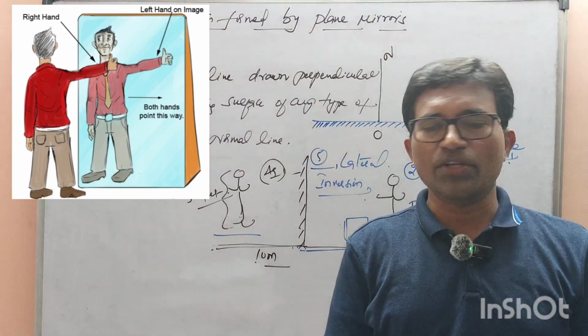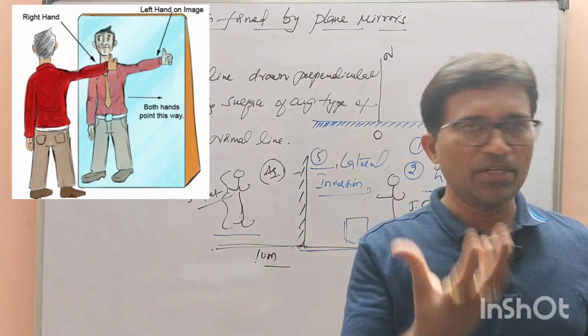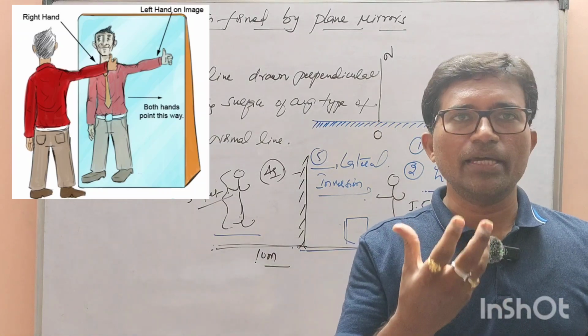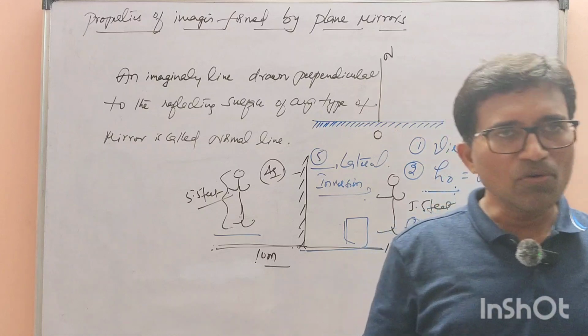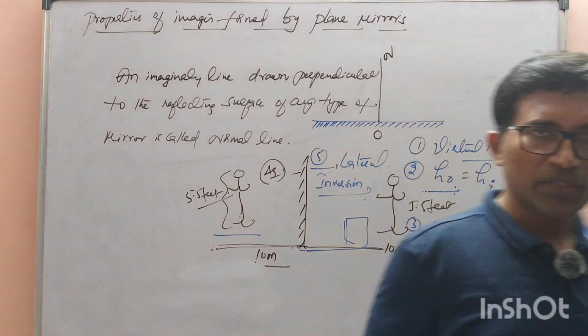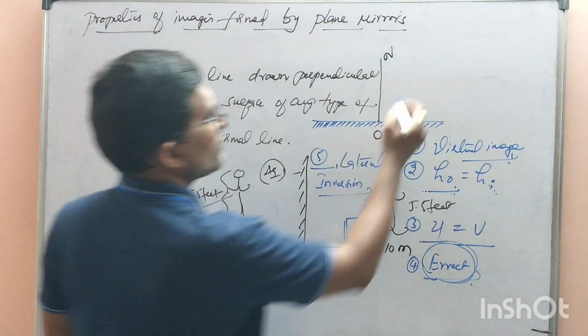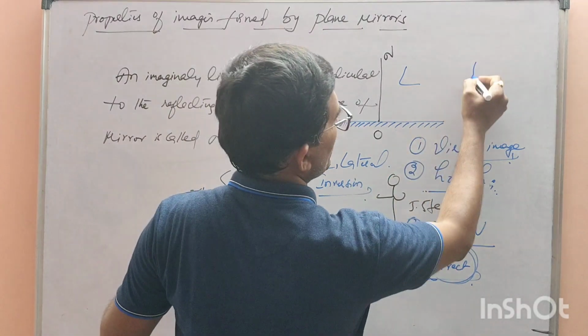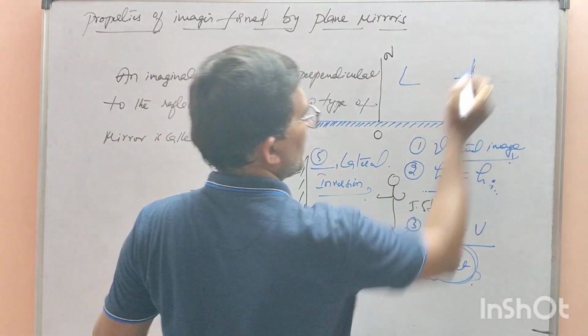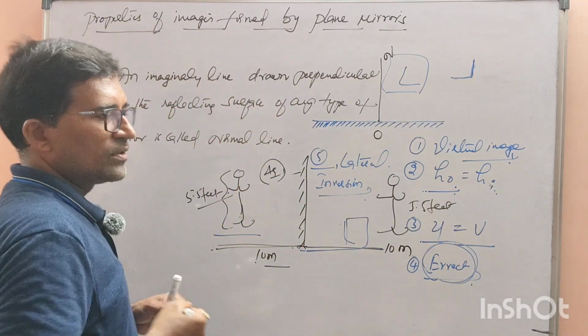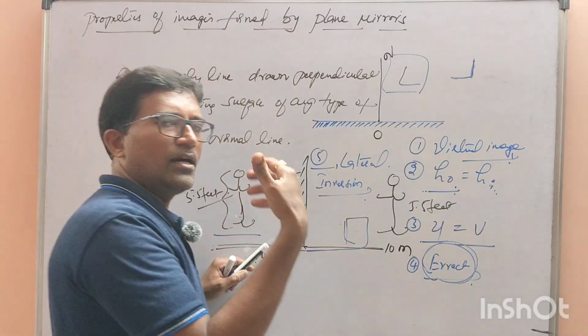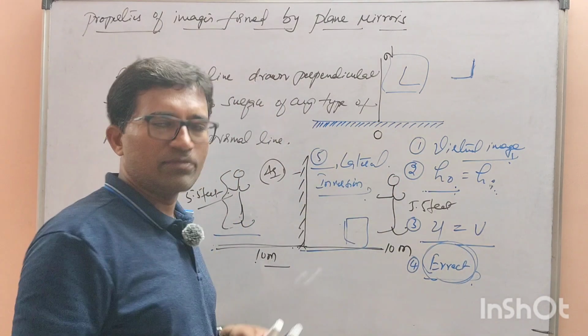If you are eating something while standing in front of the mirror, it may look like you are eating with the left hand. So this is called lateral inversion. If you keep the letter L in front of the mirror, it looks reversed. L is actually like this, but it undergoes lateral inversion. The left will look like right, and right will look like left in the mirror. This is what is called lateral inversion.